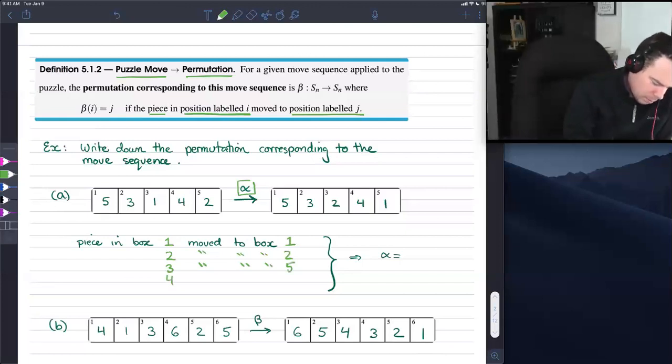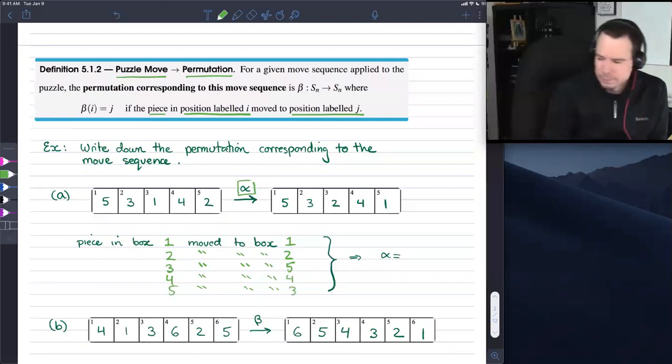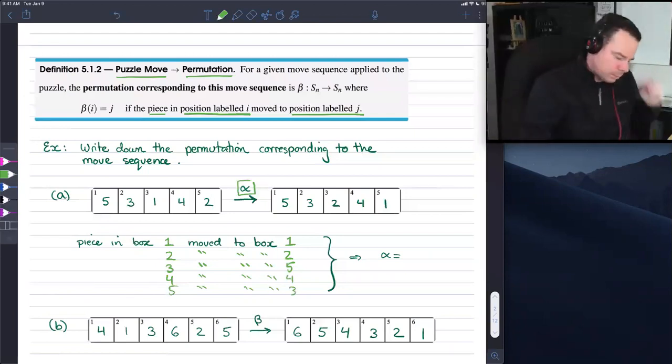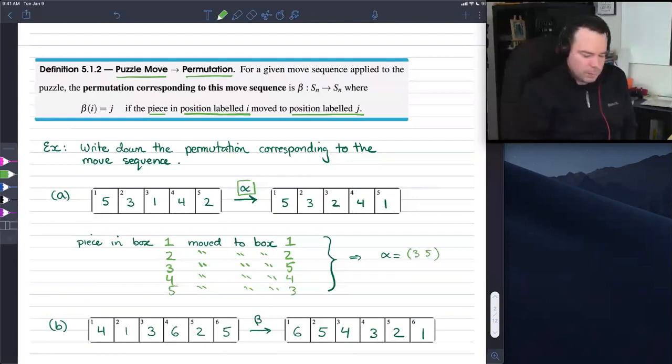And where did the piece in box 4 go to? And how about the piece in box 5? So the piece in box 4 stayed in box 4. The piece in box 5 moved to box 3. So that means our permutation is 1 went to 1, 2 went to 2, 3 went to 5, and 5 went to 3.